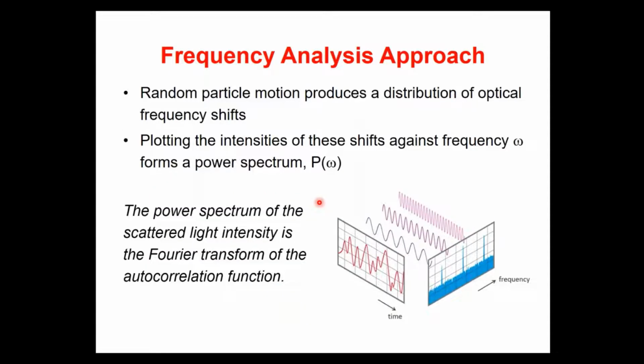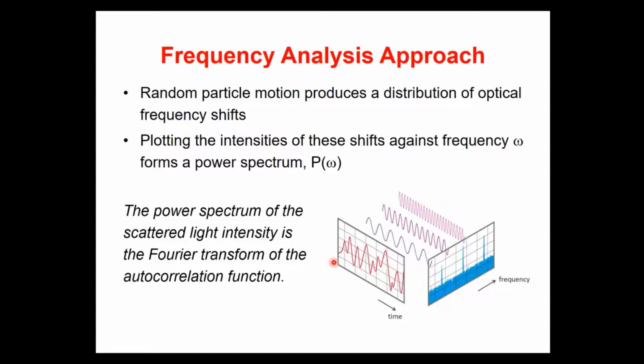In this case, though, these random particle motions will produce a distribution of optical frequency shifts. And so if we plot the intensities of these shifts against frequency, omega in this case, we'll get what is known as a power spectrum. And the power spectrum is the starting point for frequency analysis. It should be noted that the power spectrum and the intensity autocorrelation function are related.